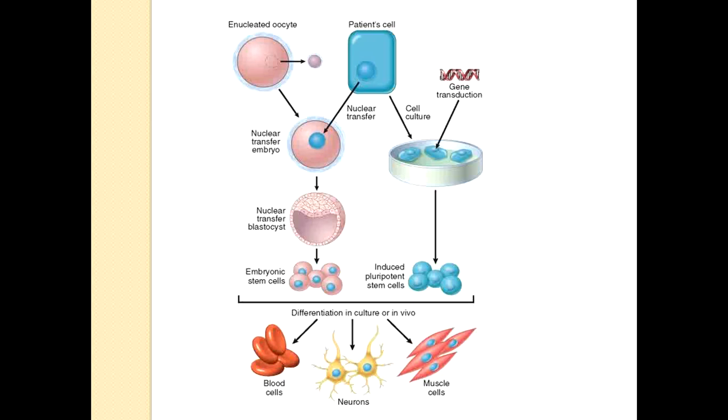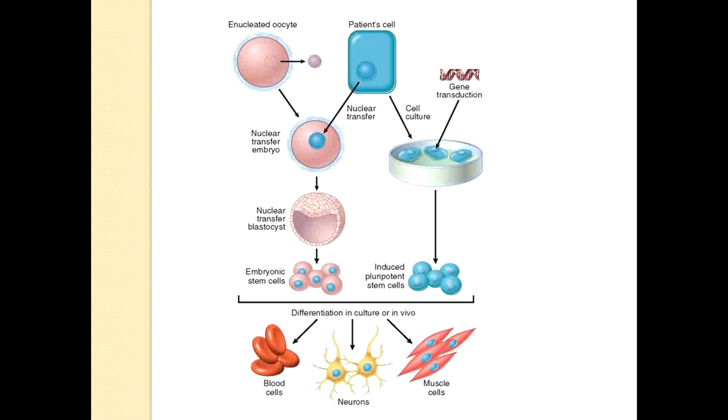The oocyte will thus form the blastocyst, and these cells will be from the donor patient. In this way, embryonic stem cells can be obtained. If you see on the right side of this slide, you can appreciate that the patient cells are cultured, and induced pluripotent stem cells are generated in this way.